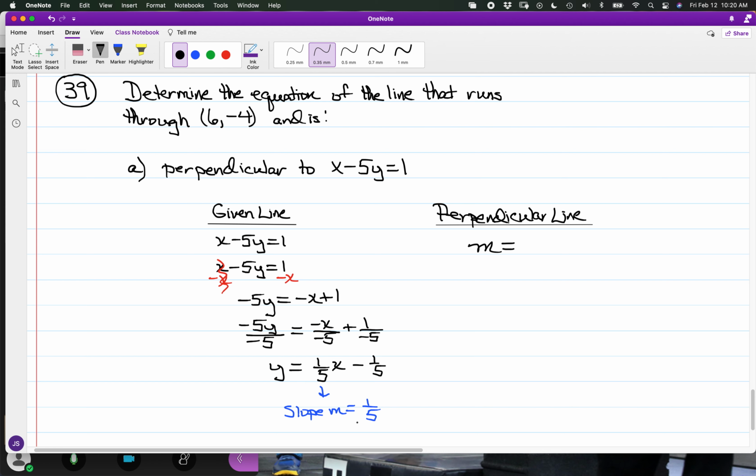So for the first line we have the slope m equal to 1/5. For the perpendicular we have the slope m equal to -5. Again, 1/5 times -5 is equal to -1. And again, the point through which the perpendicular line passes is (6, -4).